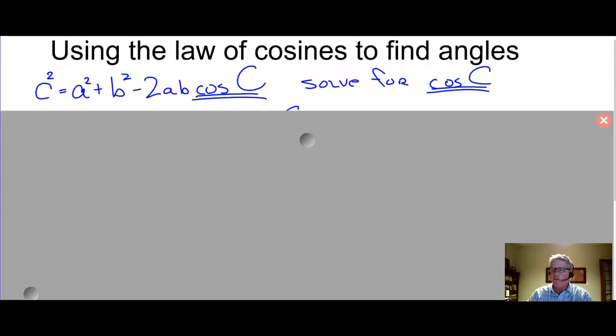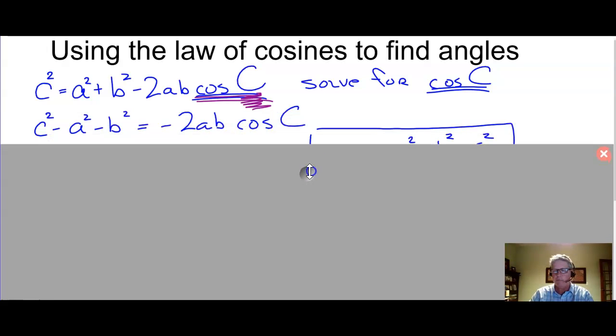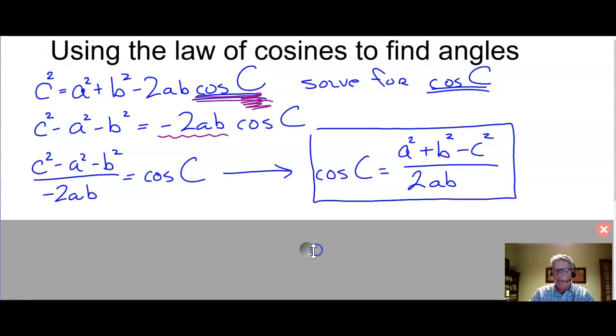All right, so if you want to find angles, well, you're kind of solving for that, aren't you? So you take your law of cosines, which we've already derived, and solve for cosine C. Get this by itself. So I'm going to subtract a squared and b squared, and then I'm going to divide the entire side by that quantity, and I get this.